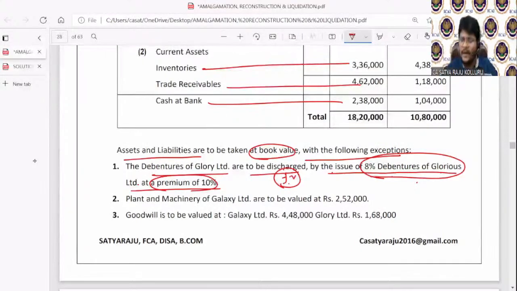That is the point he is indirectly conveying. So the acquired value is nothing but book value only in point number 1. The sentence clearly establishes that the debentures of Glory Limited are to be discharged by the issue of 8% debentures of Glorious Limited at a premium of 10%. The issued debentures are at a premium, but the discharge is happening at face value only.